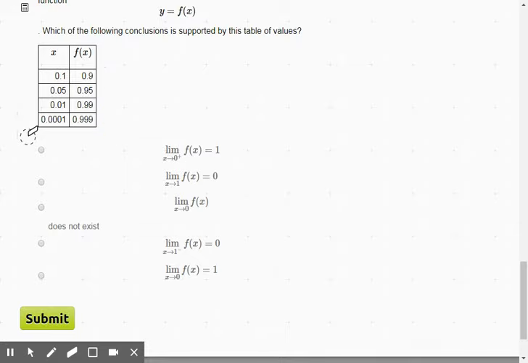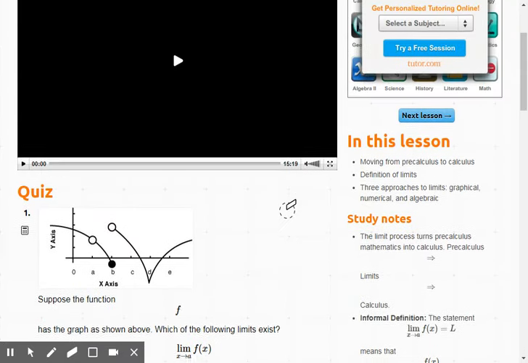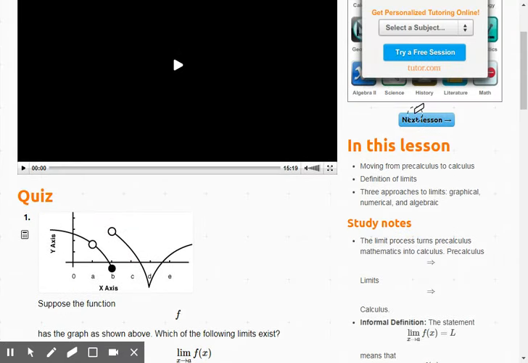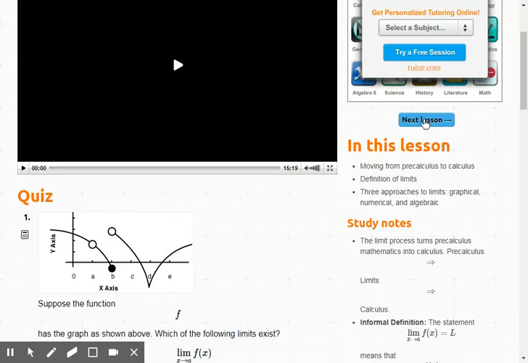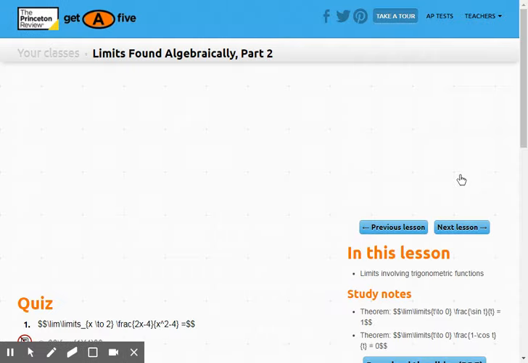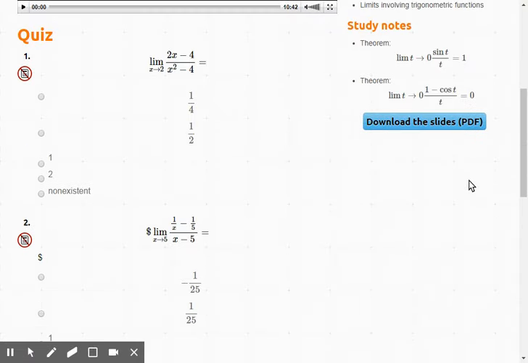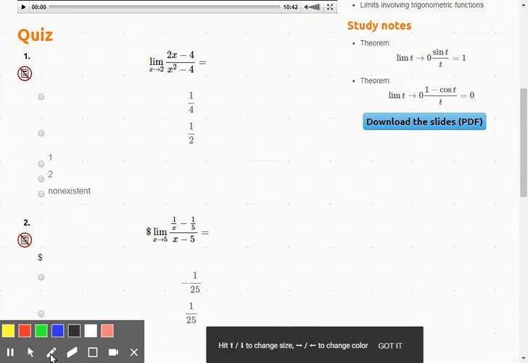Let's look at the next set of questions on limits found algebraically, part 2. All right, so this first one right here, we can see that this is going to be a factoring problem. The limit, let me make that smaller.